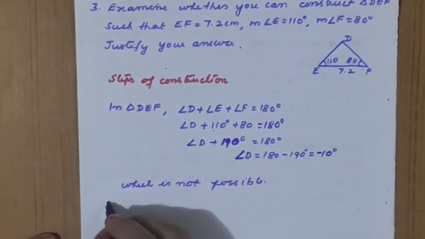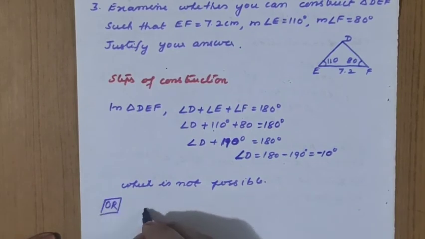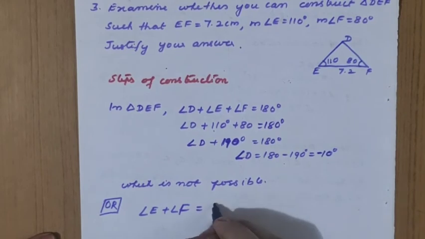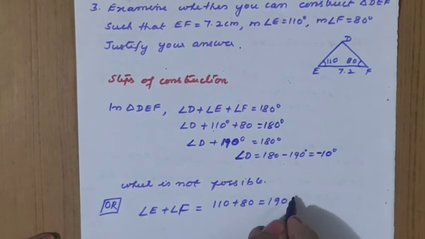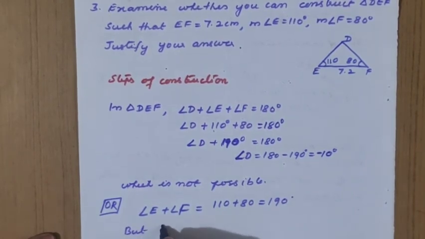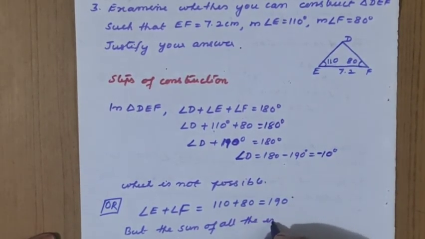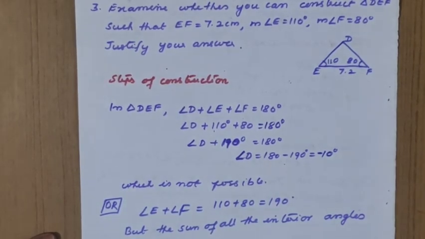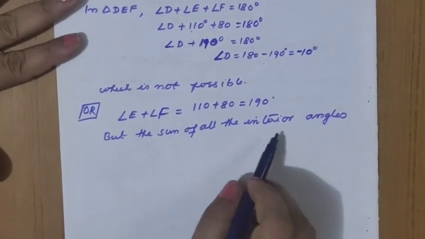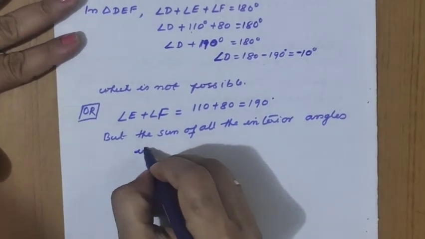The simple way is, when we add angle E plus angle F, it is 110 plus 80, it is 190. But the sum of all the interior angles in a triangle is 180 degrees.